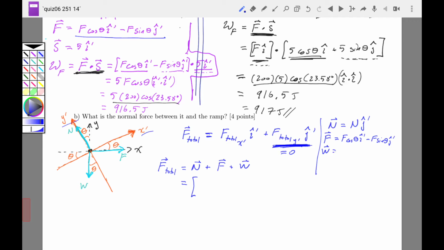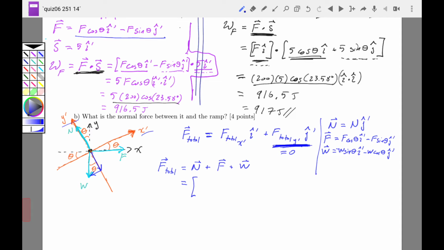And then W, well, let's just do it in our heads. In the x direction, the component is negative W sine theta, since it's pointing towards the left. And the y component of W is negative W cosine theta j hat.